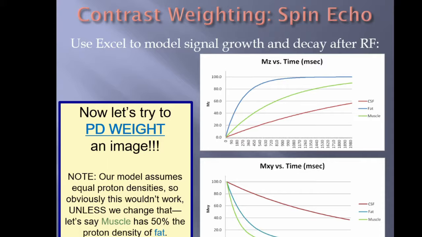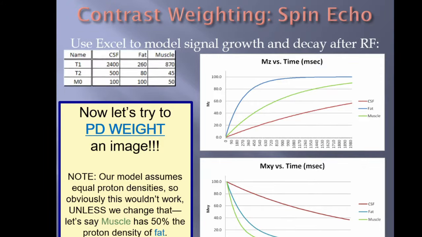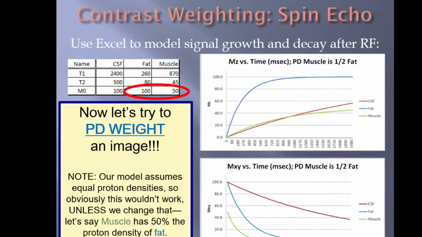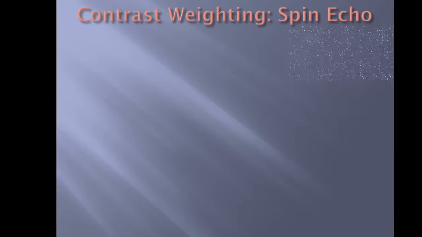Okay. All right, so keep going now. Let's talk about proton density. Again, our model assumed, you remember, we had 100 for everything as the relative proton density just for the sake of explanation. So we're going to have to manipulate that in order to demonstrate this. Let's just arbitrarily set muscle to be 50% proton density of CSF and fat.